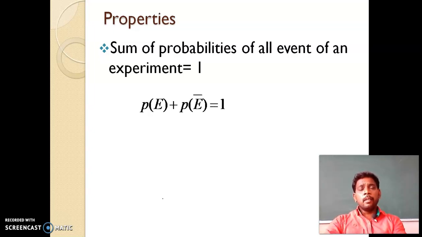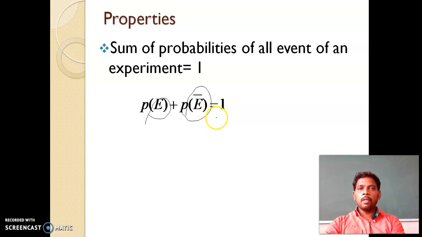Okay, and it is denoted by the formula P of E plus P of E bar equal to 1. Okay, so here E is nothing but the particular event, and E bar is nothing but the opposite event of E, or the remaining set of events of E, or we can call it the complement of E also, right?